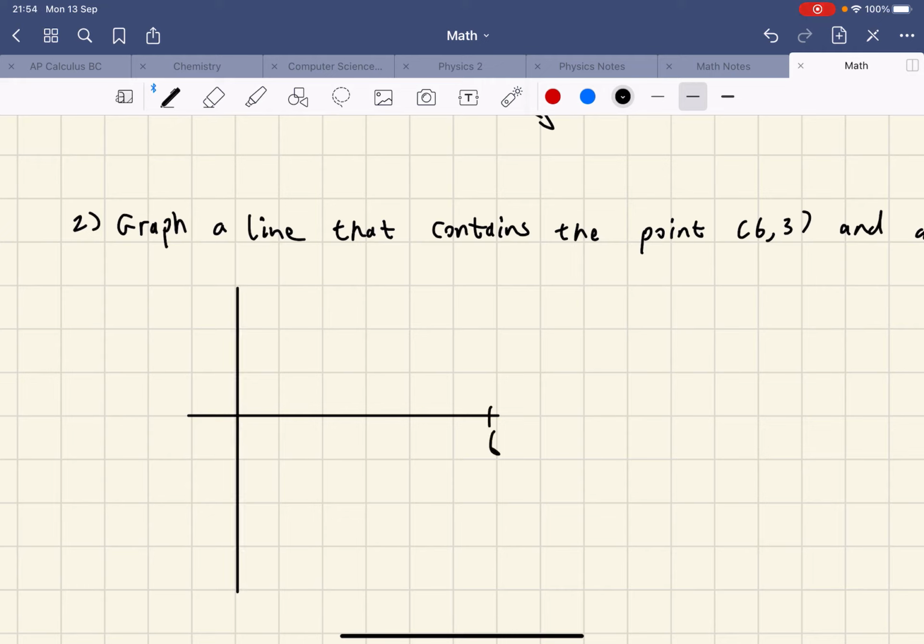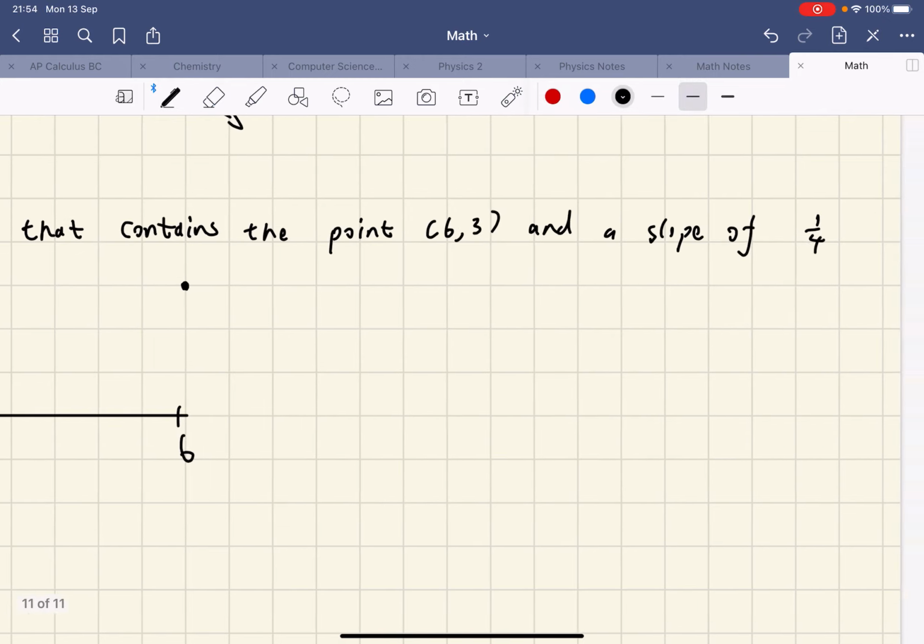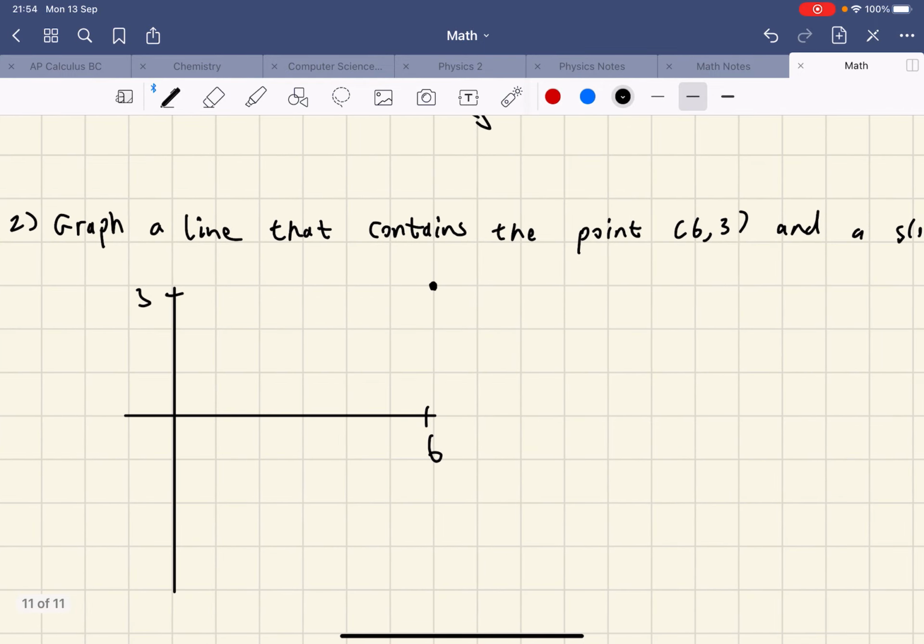So here's 6 and here's 3. So here's the point (6, 3). Now here is a trick. If the slope is 1 over 4, you might be thinking, okay, we'll move up 1, move right 4, but here on the graph you can't really move right or move up because it's at the boundary of the graph.